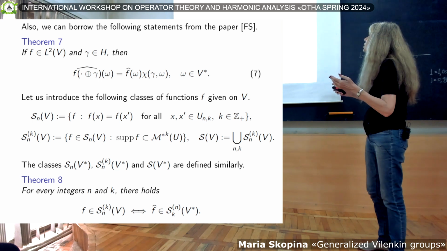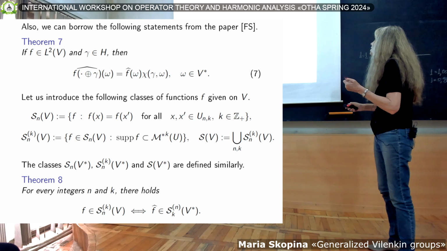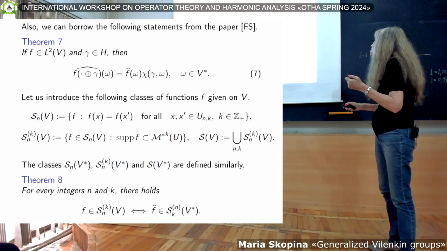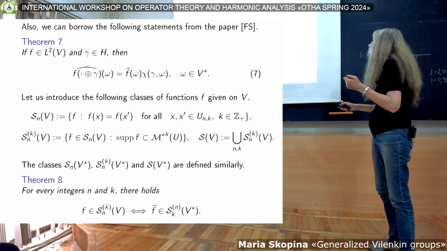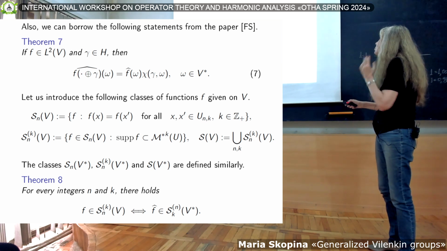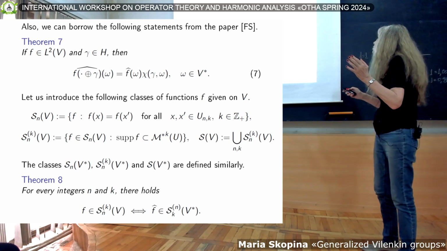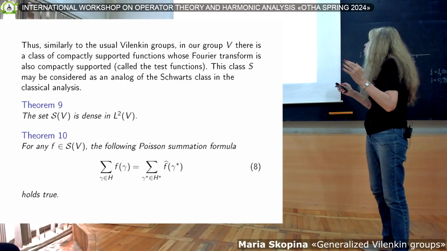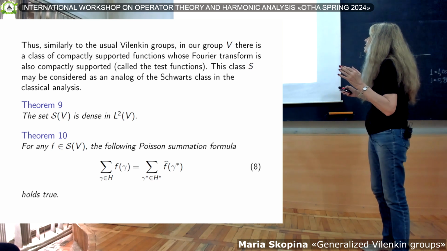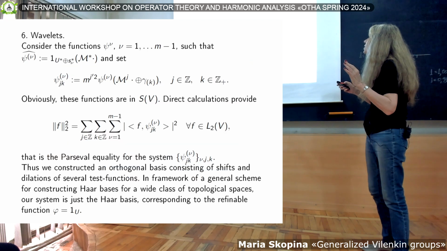And also we take some other spaces, and we have wonderful spaces such that the function f itself and its Fourier transform are also compactly supported because of this. We have such a space, the same as Vilenkin groups, and some other harmonic analysis results can be taken.